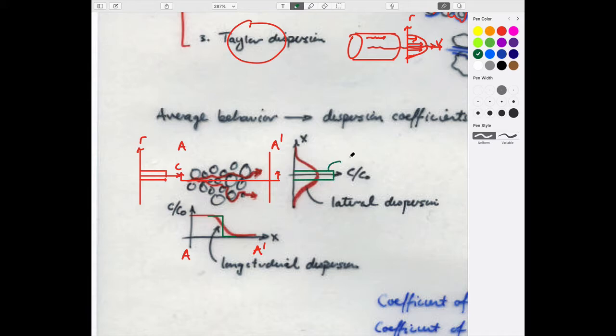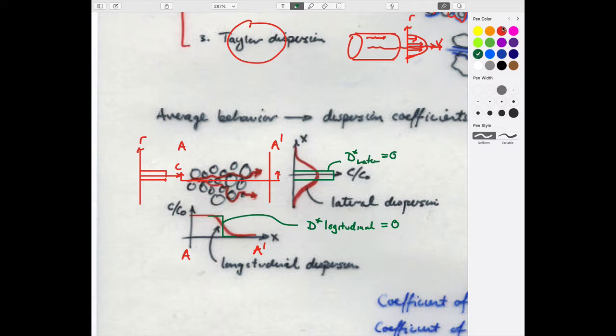And so this would be if D star lateral was equal to 0, and this is if D star longitudinal was equal to 0. Another plug flow, no dispersion. And if there is dispersion, then you get the red lines. And that's physically what's going on.